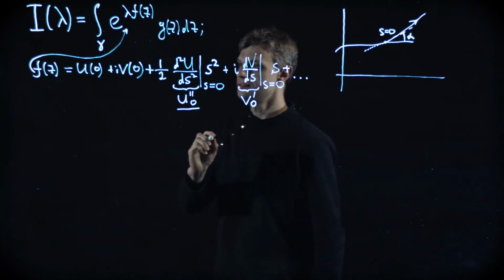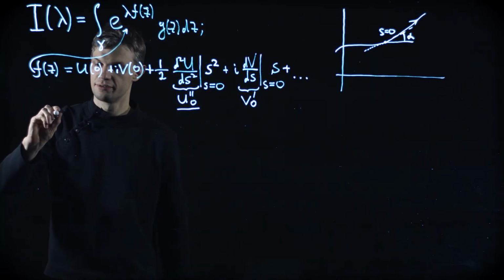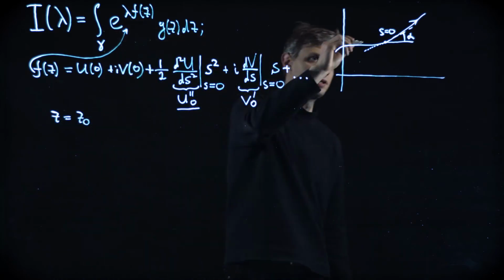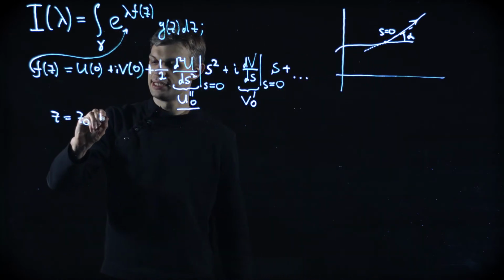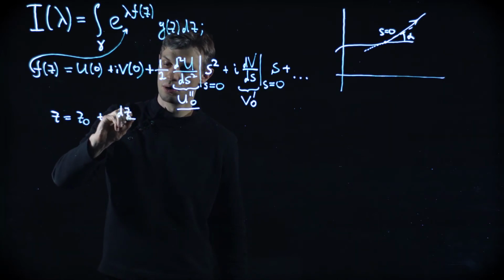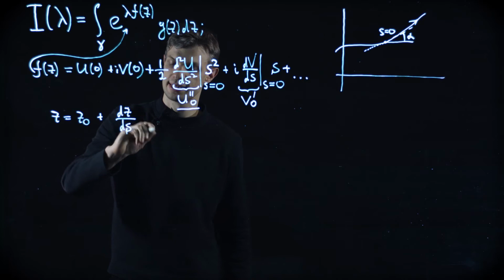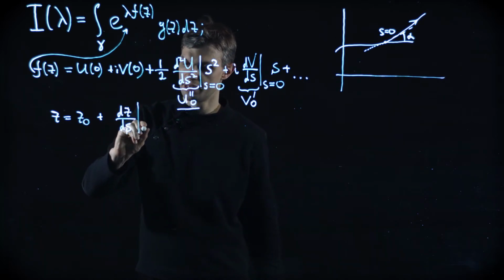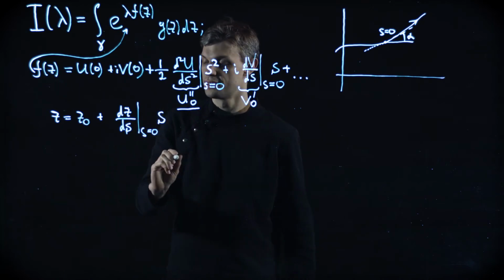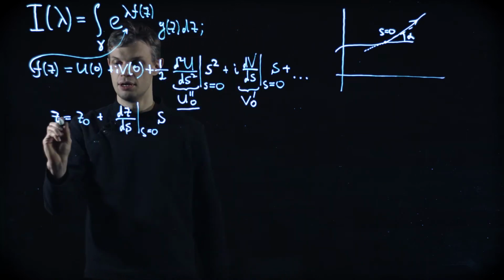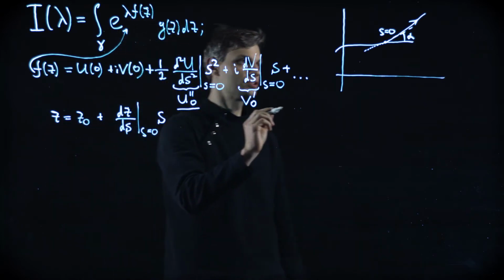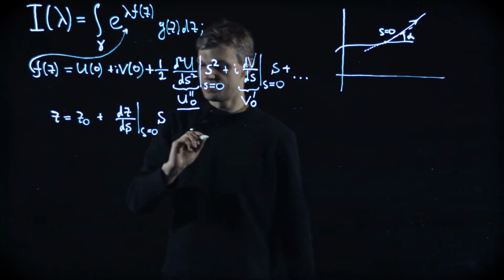Let's introduce the new variable: z is equal to z naught, where z naught is this point, plus dz over ds taken at s equal to 0, times s. So it's the expansion of the curve representing the contour near this maximum point.